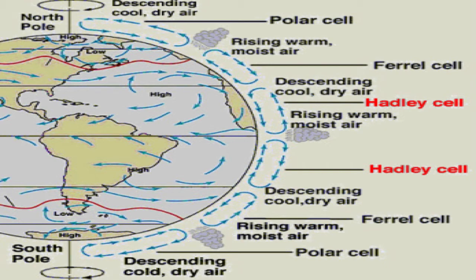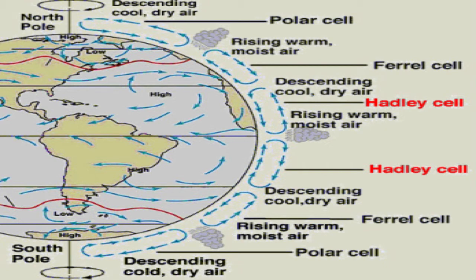The equatorial low, this region in the middle on the equator, is ascending moist hot air, and it has lots of rain. Winds converge here, and it causes low pressure, and it's also called the intertropical convergence zone. A Hadley cell is formed here.